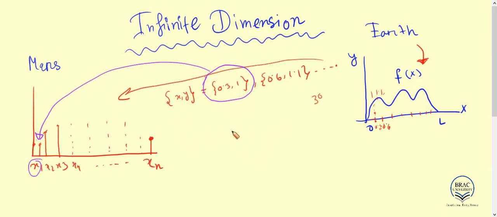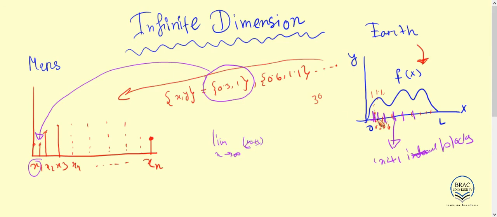And as you can already guess, if you had discretized with n intervals, or let's take n plus 1 intervals, that is, there are some n plus 1 blocks like this over here. So let's just call it n plus 1 blocks. And ultimately, if you want to identically reconstruct the string from Earth to Mars, you have to take the limit n goes to infinity of n plus 1.